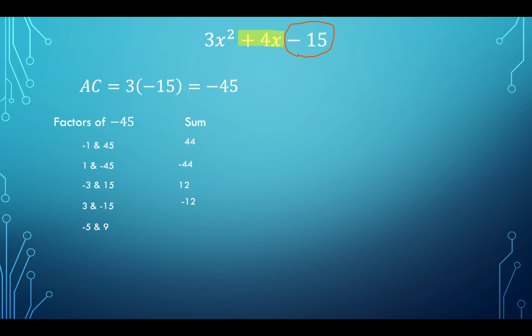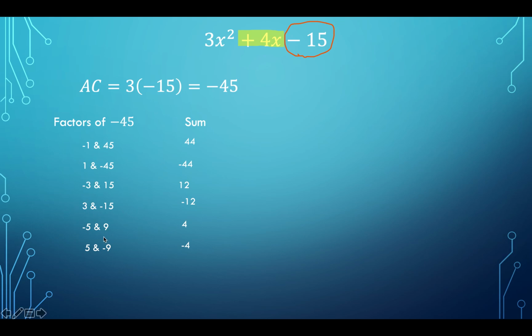Negative 5 times positive 9 gives us negative 45, and negative 5 plus 9 gives us 4. And positive 5 times negative 9 also gives us negative 45, but 5 plus negative 9 gives us negative 4. So now we have to look at this list over here.